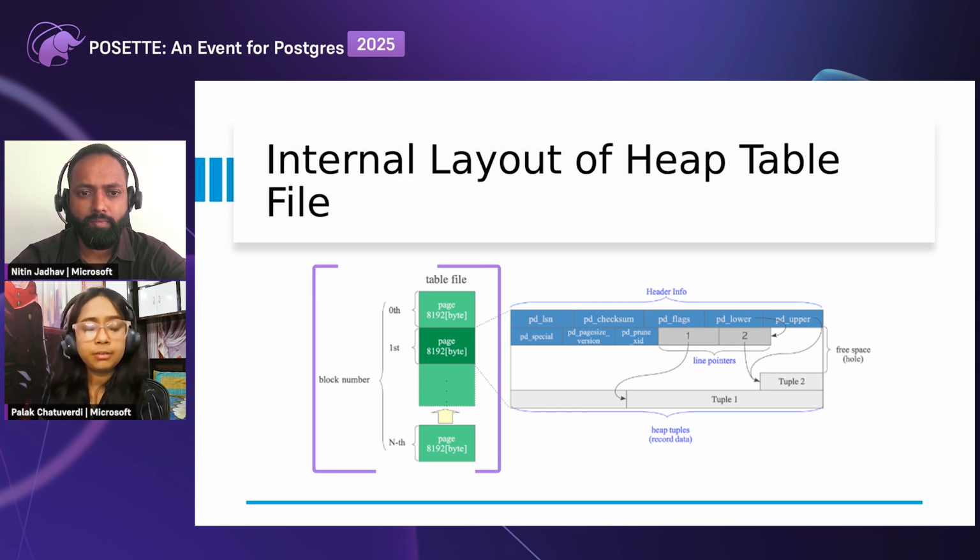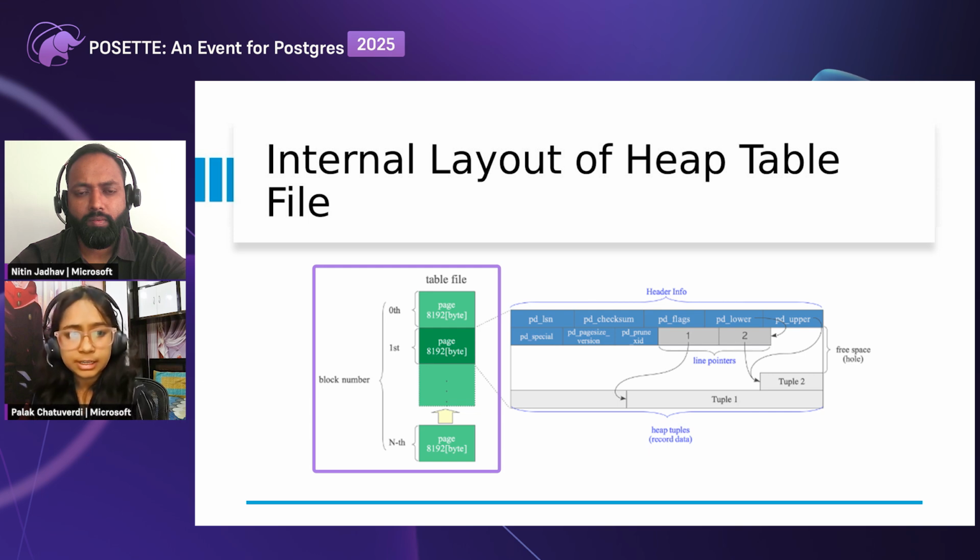So what is a table file? When we create a table, we get a file in our data directory at the database OID slash our table OID. That consists of n number of blocks.